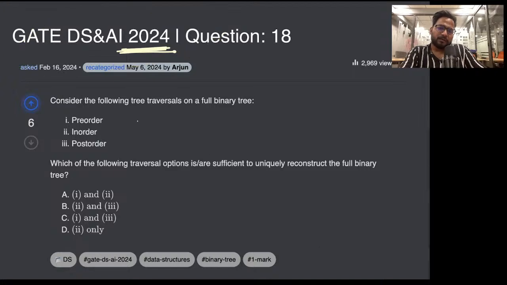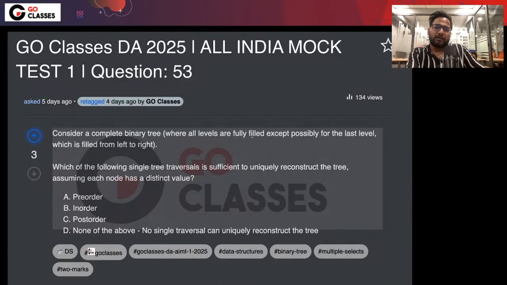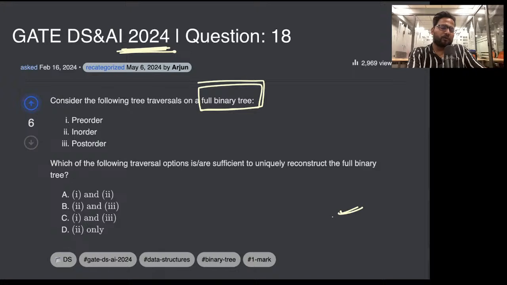They are saying, consider a full binary tree. Now in this question I am saying consider a complete binary tree. That's the only difference. How many of you were able to solve this question? Do you know that after this GATE question, I put up the class recording on YouTube, because we had already solved these kinds of questions in the class.